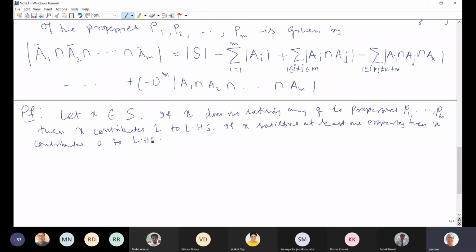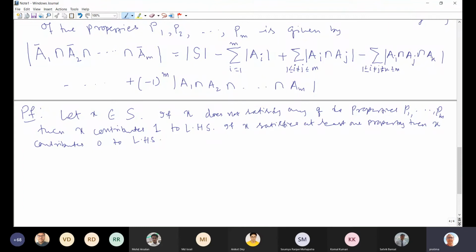Do you agree with this? It is fine? Yes, clear ma'am. Okay, fine. So we are taking an arbitrary element X in S, and this is true for all the elements.